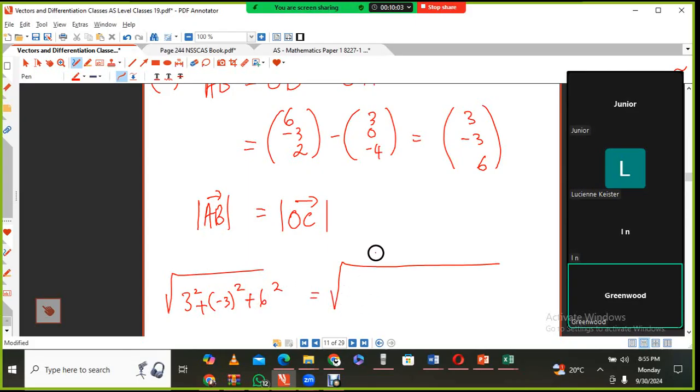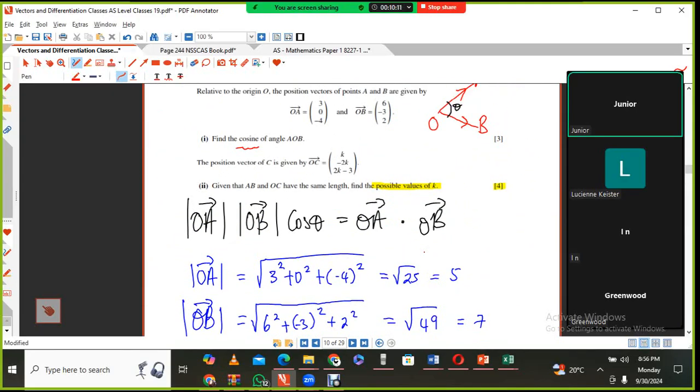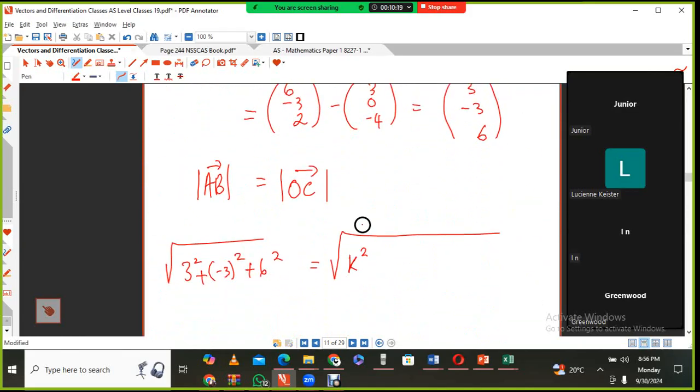So let's take the one for OC. Now OC will be K squared. That means you have to go back all the way here. So it's K squared in brackets minus 2K squared, plus the other one, which will be 2K minus 3, all squared.